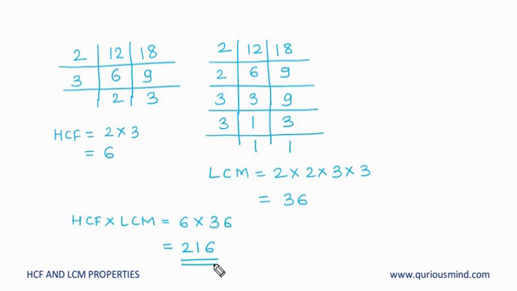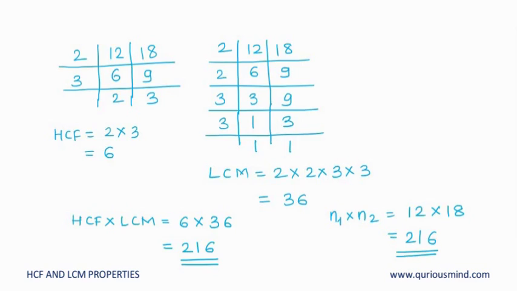I get 216. And now if I multiply the two numbers, number 1 multiplied by number 2, what do I get? So 12 multiplied by 18.